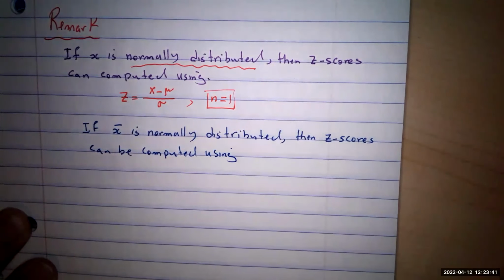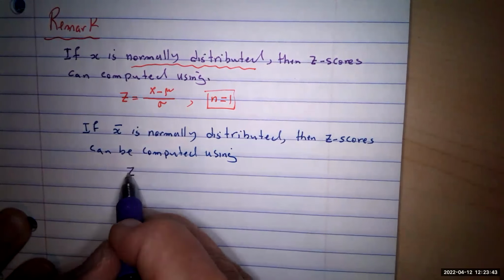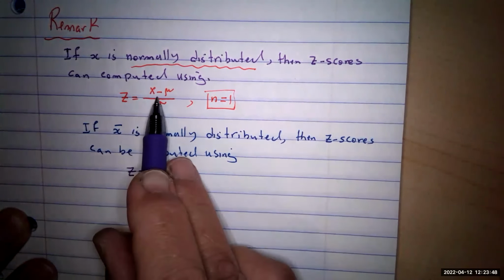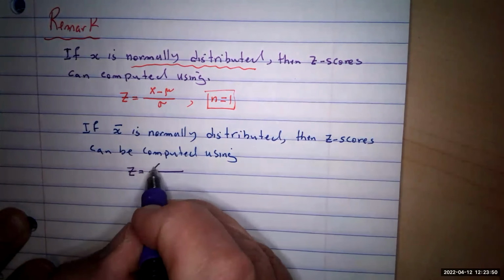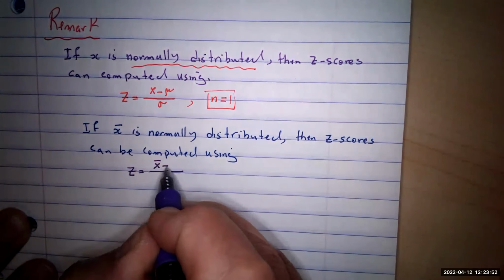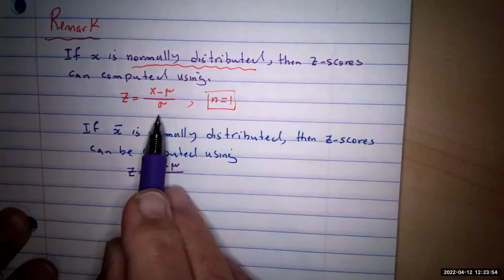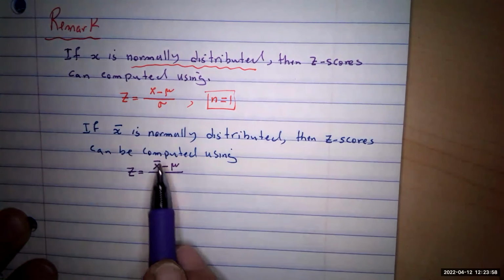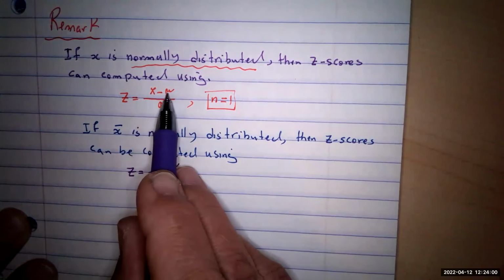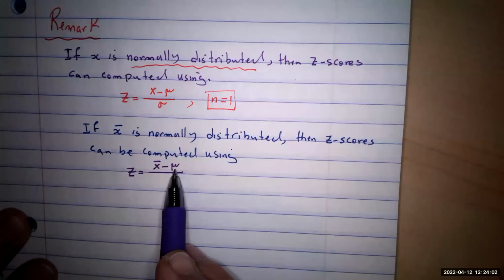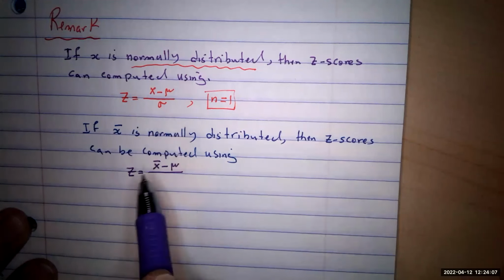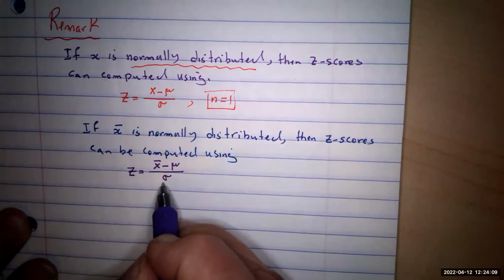Look at the formula, Z equal to, your variable is X bar, not X. So your formula would be X bar minus mu over, you see, the mu is the same. I changed the X into the X bar, but I didn't change the mu because they are equal to each other. But remember, the sigma is different. The sigma is sigma over radical n.